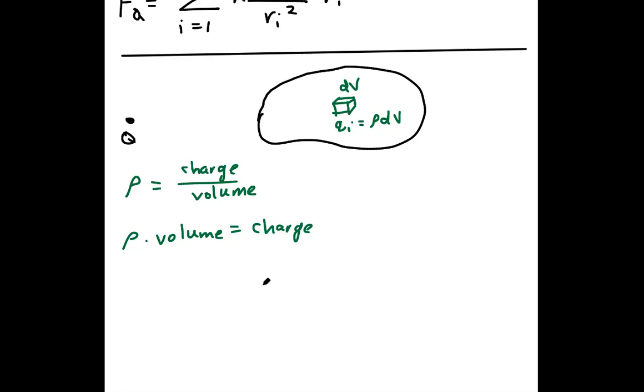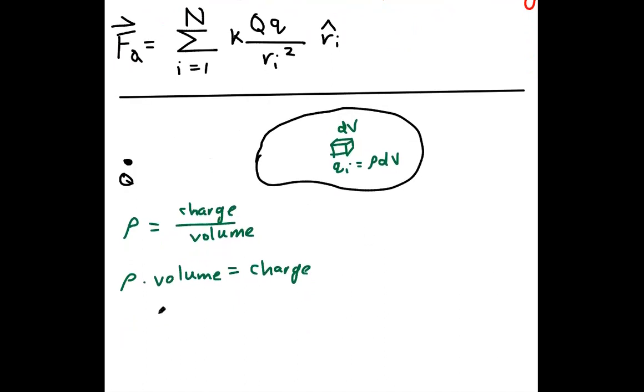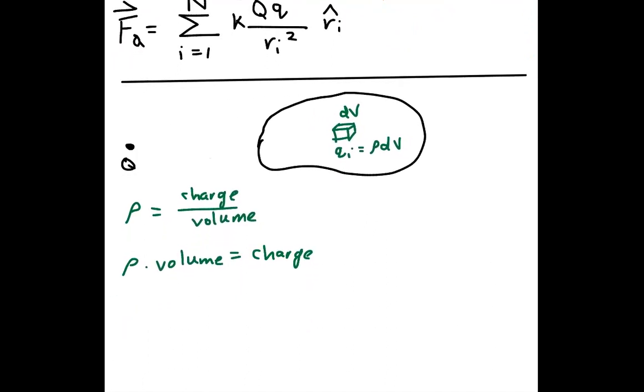And so if we want to represent this now, using the equation that we wrote over here, all we have to do is substitute. So F sub Q is equal to the summation from i equals 1 to n.